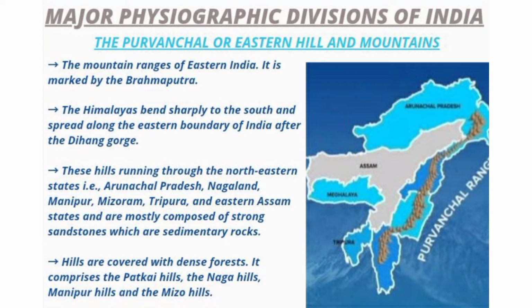These hills, running through the northeastern states, that is, Arunachal Pradesh, Nagaland, Manipur, Mizoram, Tripura, and eastern Assam, are mostly composed of strong sandstones, which are sedimentary rocks. Hills are covered with dense forest. It comprises the Patkai Hills, the Naga Hills, Manipur Hills, and Mizo Hills.